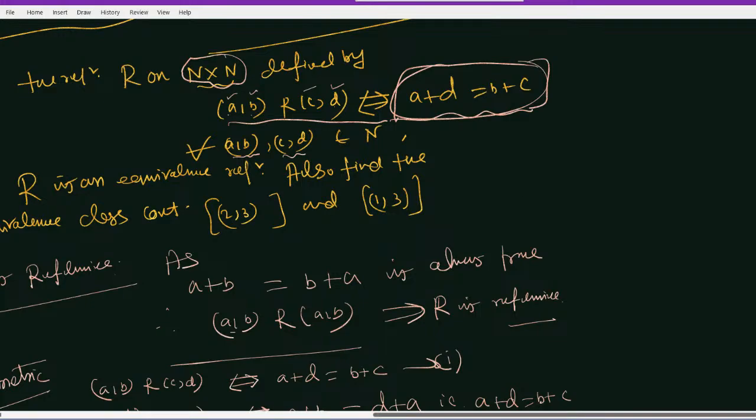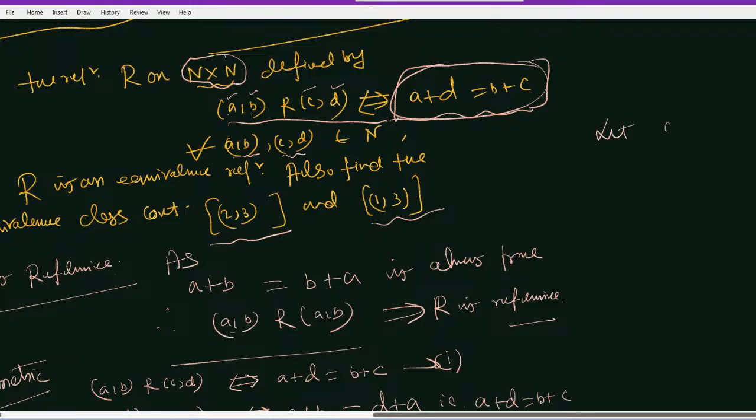They are asking to find the class containing 2, 3 and 1, 3. Both are there. So how do you start? You have to get the values; you will find what kind of elements 2, 3 contains. So you will start in this manner.